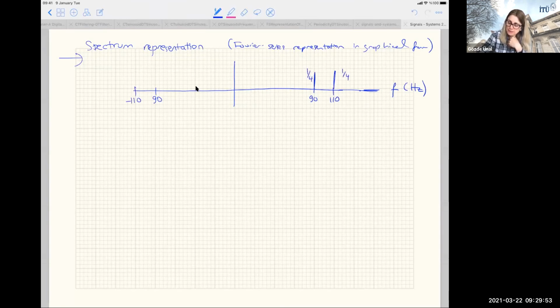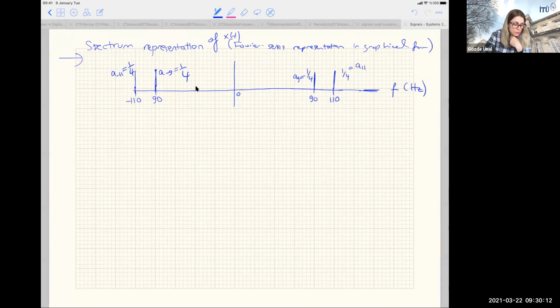So this was A9, this is A11, this is A minus 9, which is 1 over 4, okay? And this is A minus 11, which is again 1 over 4. This is the spectrum representation of x of t, okay?